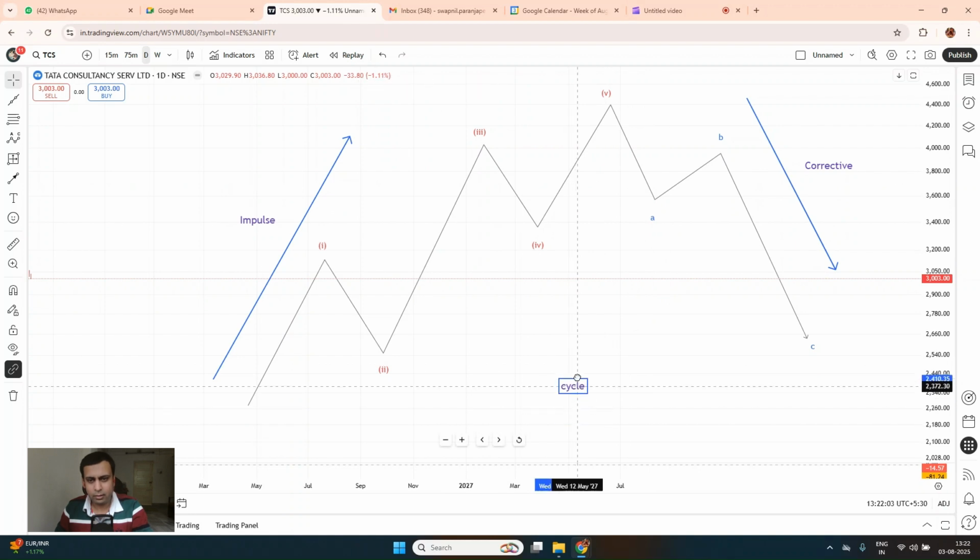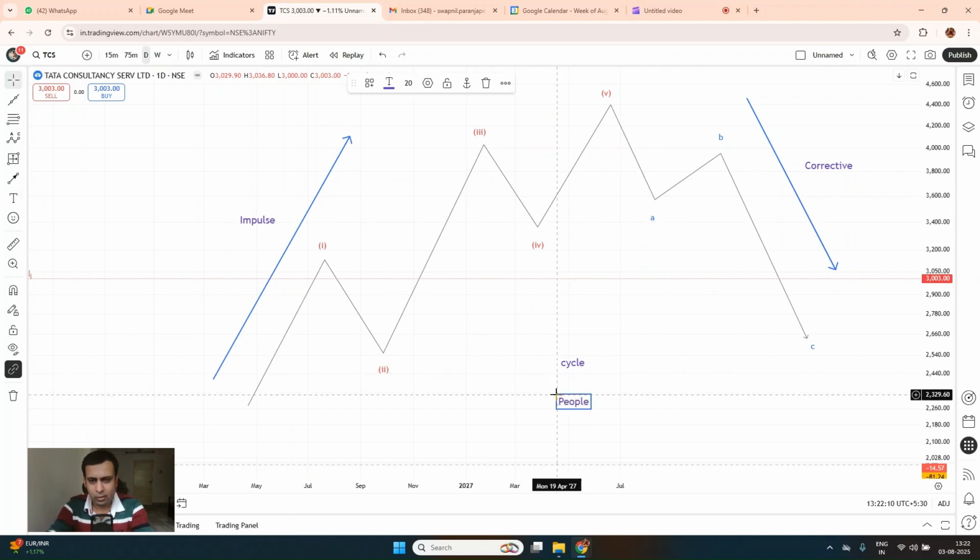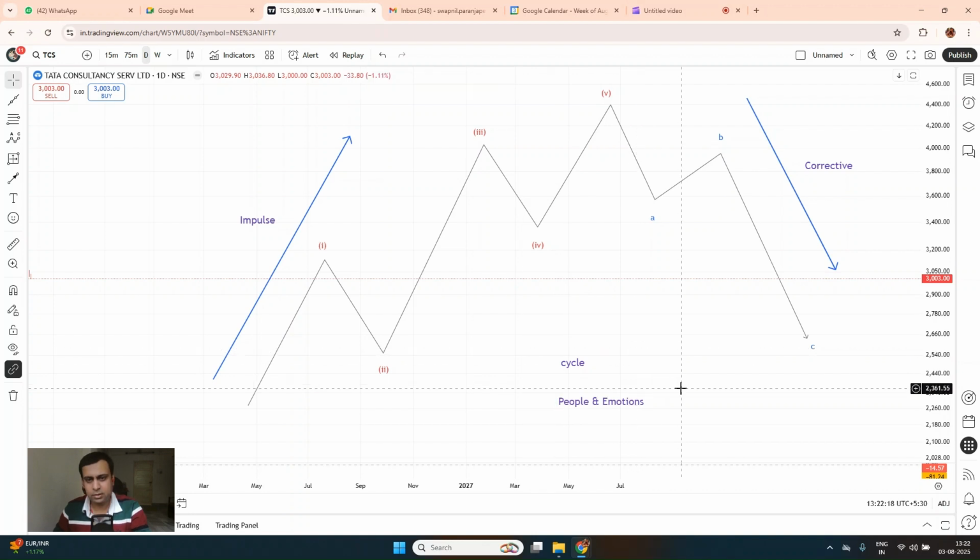Now, the important part here is people participation. All of this exists because there are people with a lot of emotions who are either taking trades, or squaring off positions, or something else is happening. When I say people, it's not necessarily people; it is the exchange of volume, basically the transactions taking place either by an institutional investor or player, or a simple retailer or a large number of retailers.